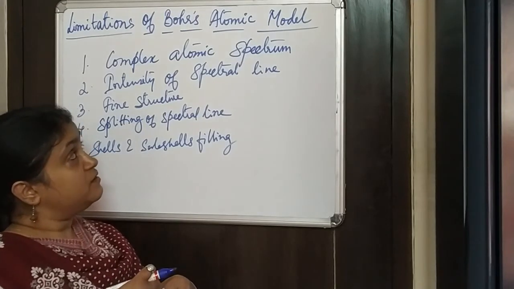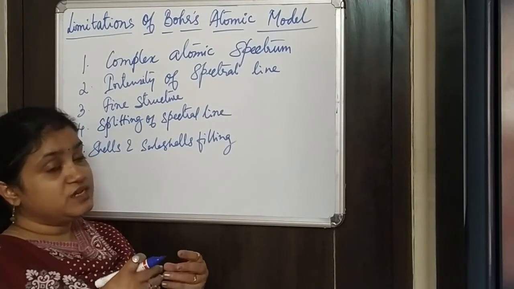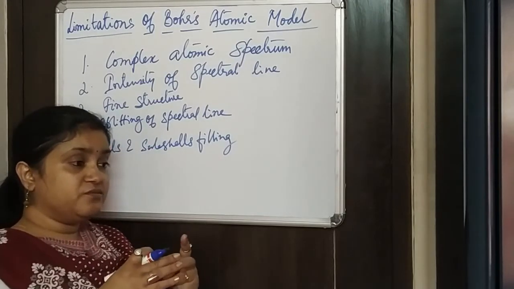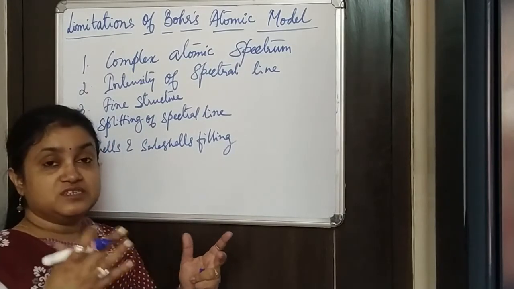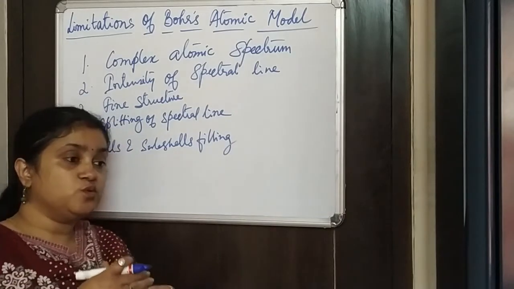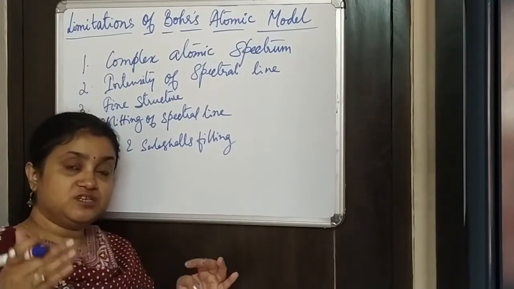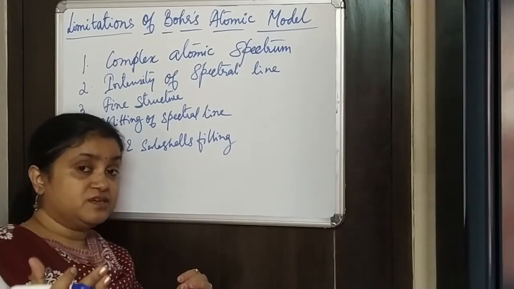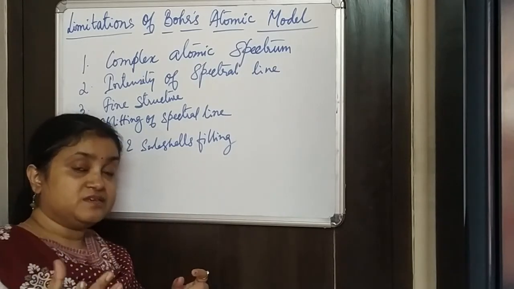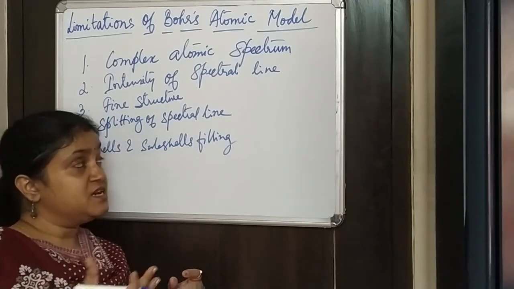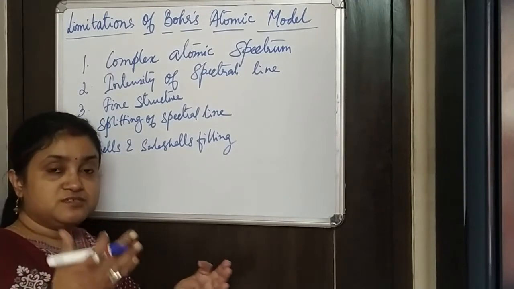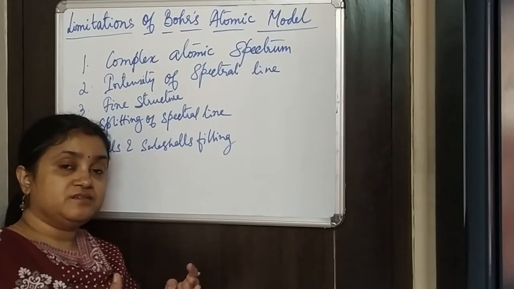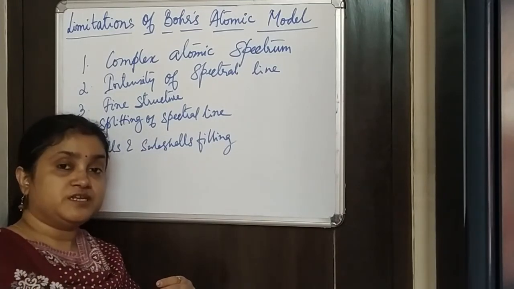But in the complex atomic spectrum, complex in the sense that the number of electrons increased, as you go higher in the periodic table to elements of higher atomic number, the spectrum that we were getting for those elements could not be explained by Bohr's atomic model.